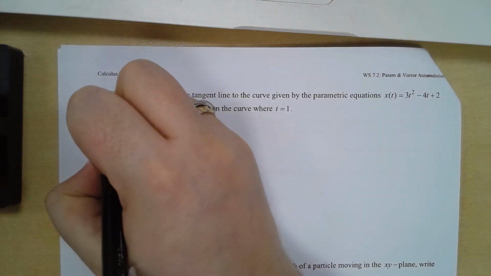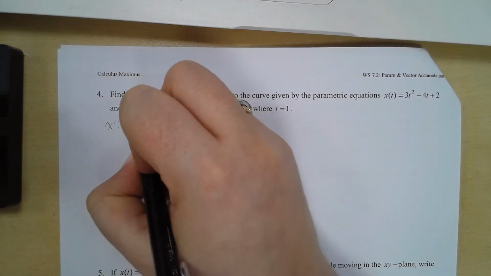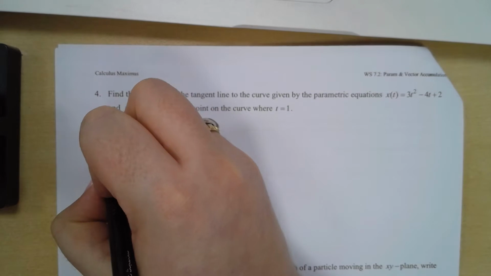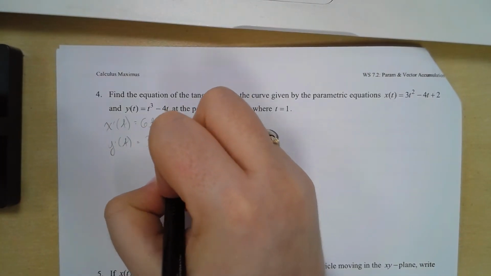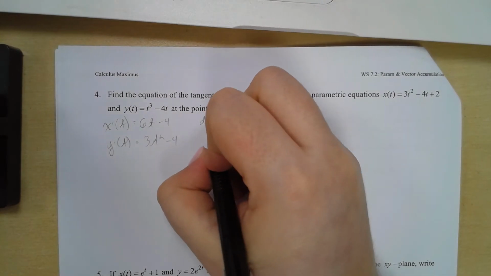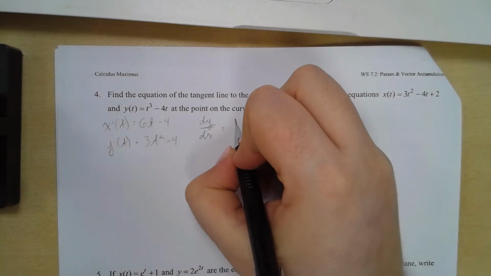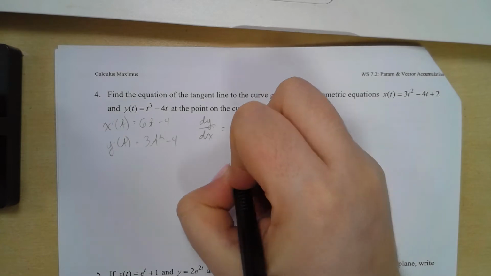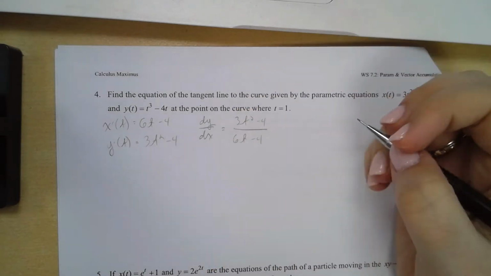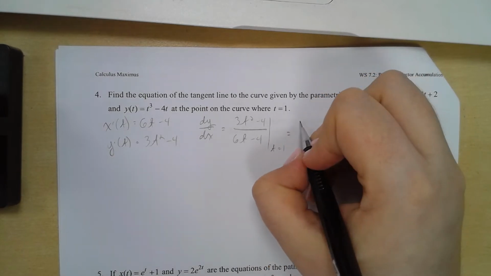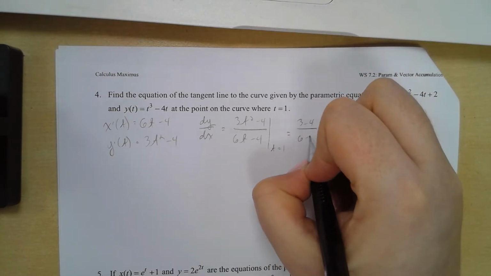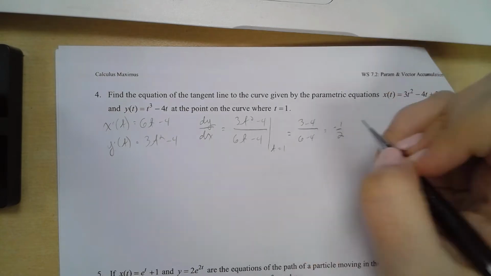So x prime of t is equal to 6t minus 4, and y prime of t is equal to 3t squared minus 4. So dy over dx is equal to 3t squared minus 4 over 6t minus 4. And if I evaluate that at t equals 1, I get 3 minus 4 over 6 minus 4, so I get negative 1/2.